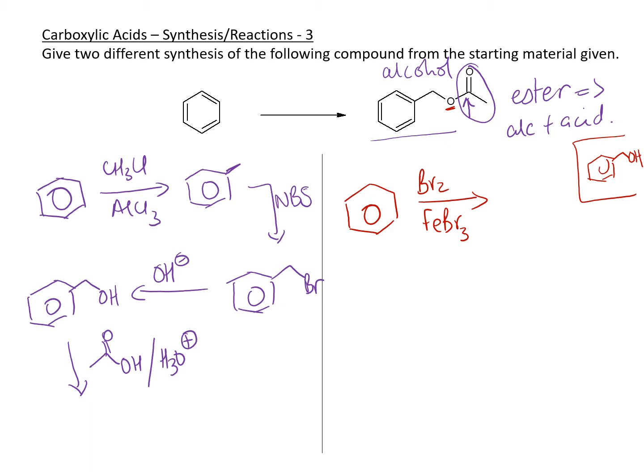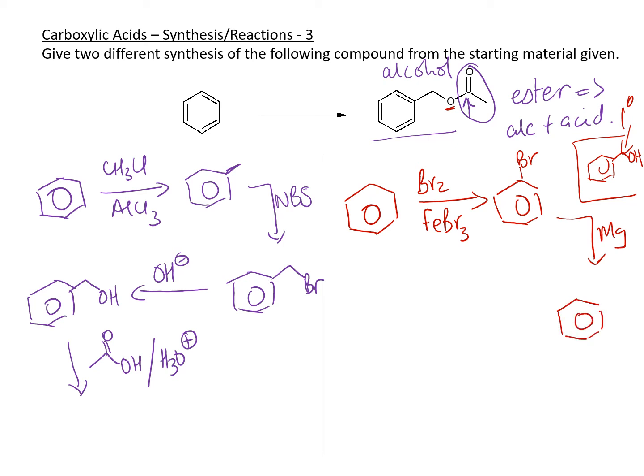A benzyl alcohol like this is a primary alcohol, so I can use Grignard reagents to form a primary alcohol. So here we go, and now we're going to have bromine on here. Then I'm going to add magnesium to that.